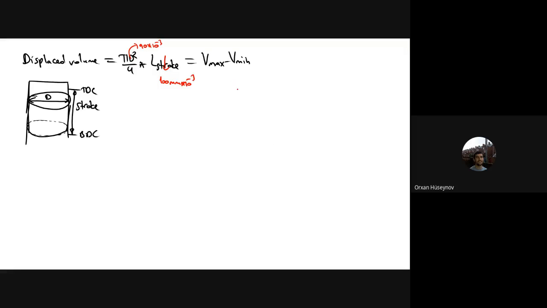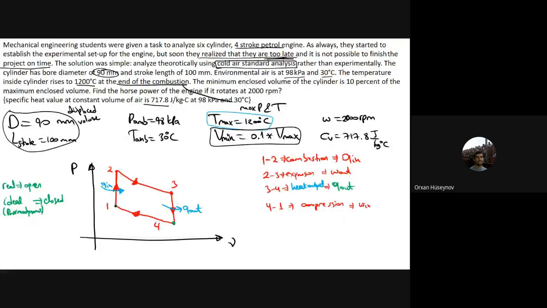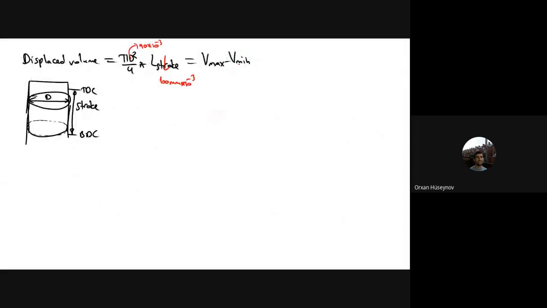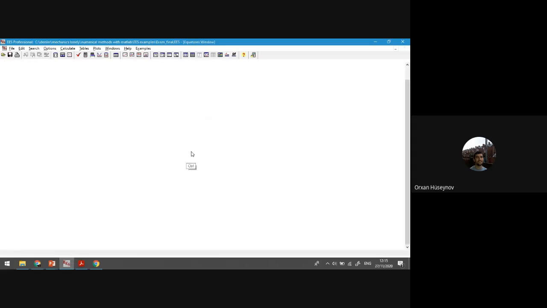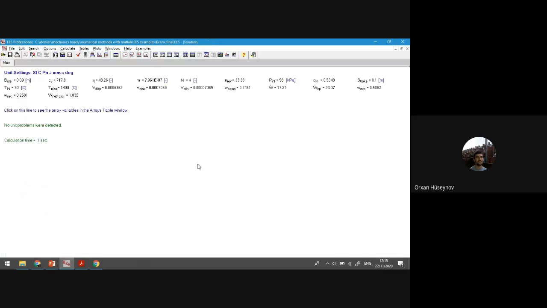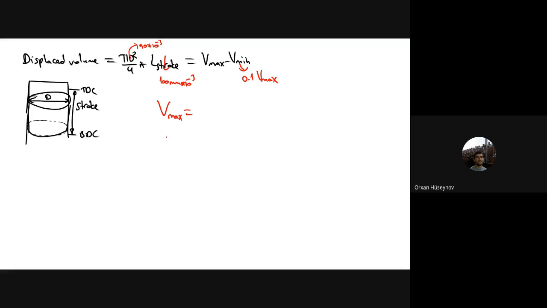The question says that also the maximum volume and the minimum volume have a 0.1 relationship, 10% of it. So therefore, instead of that one, I can write 0.1 multiplied with V max. And from here, you can calculate the value of the maximum volume. V maximum is first the displaced volume, and then the maximum volume.